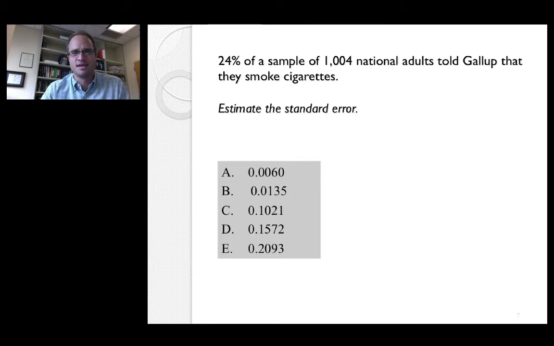So let's get some practice with this. 24% of a sample of 1,004 national adults told Gallup that they smoke cigarettes. So let's estimate the standard error from this data set.